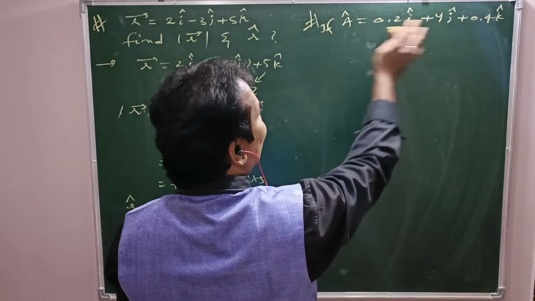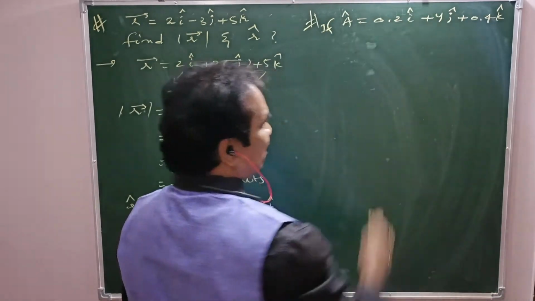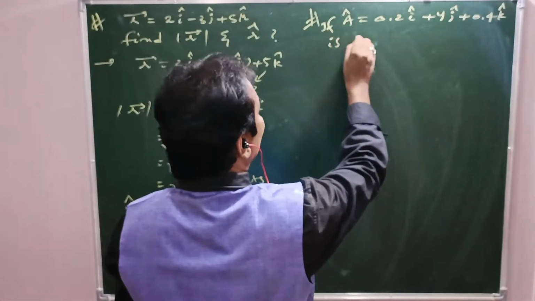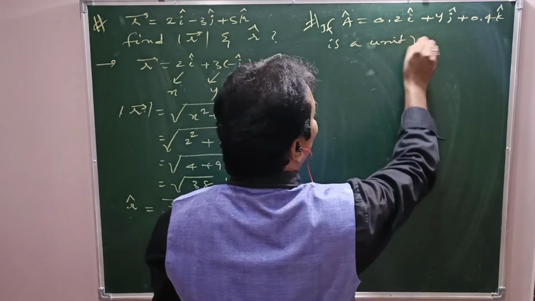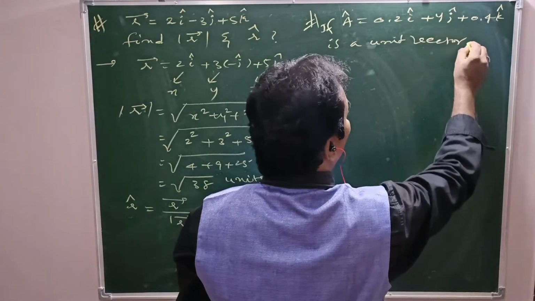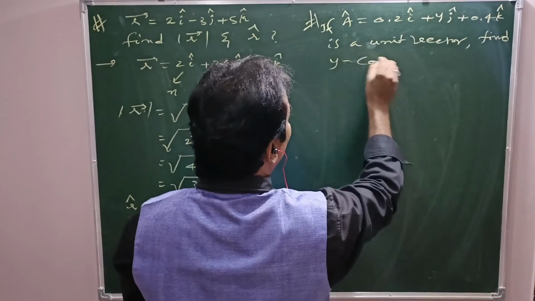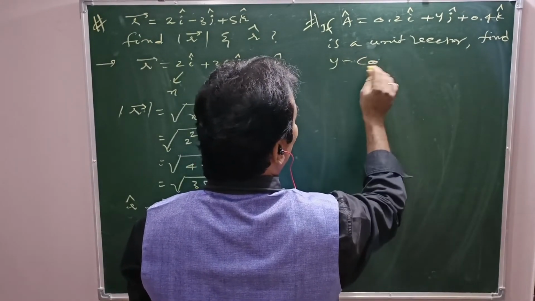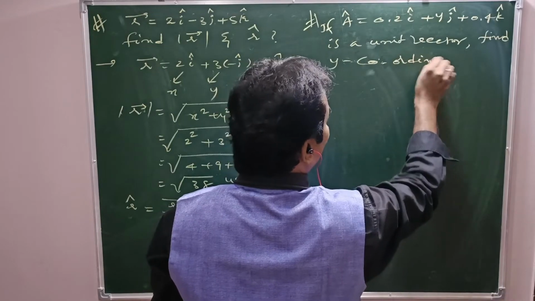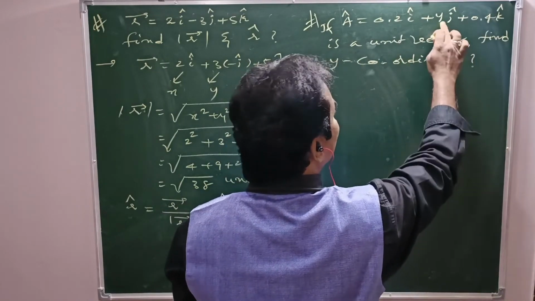If a cap is a unit vector, find the y coordinate. What is the y coordinate?